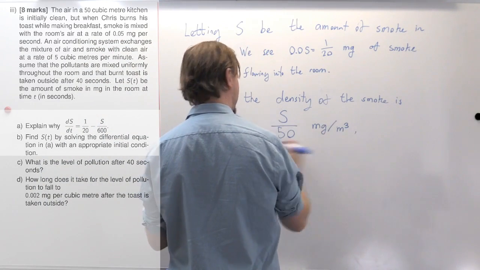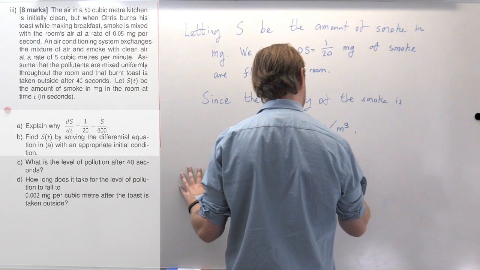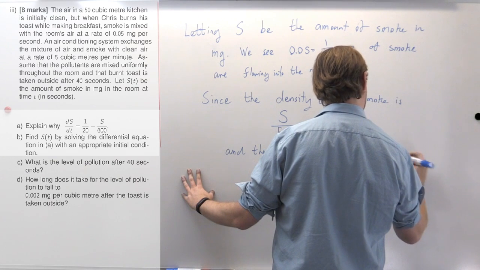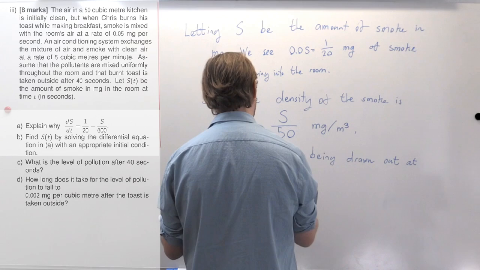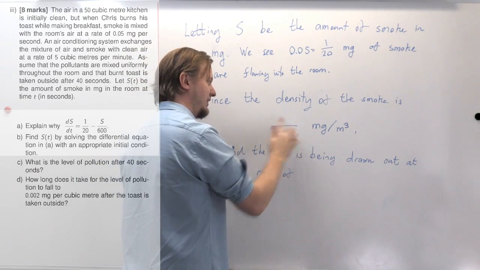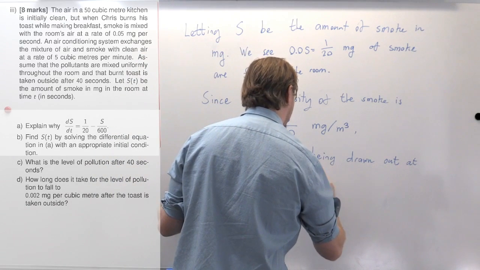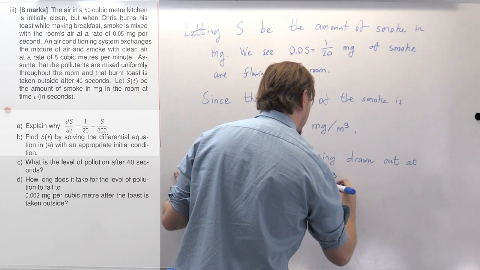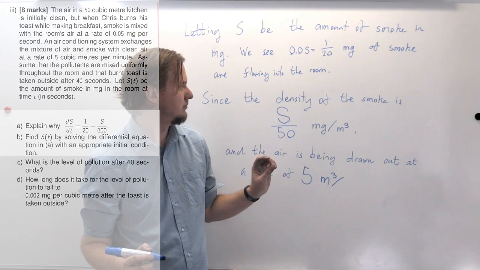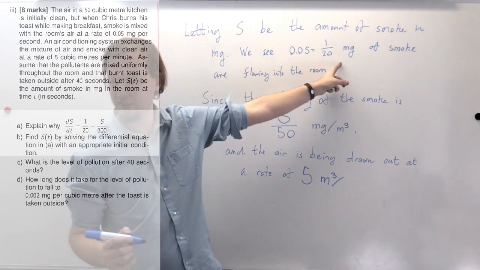So since the smoke is of this density and the air is being drawn out at a rate of, and here's where I've got to be careful to make sure my letters look good, this is an S, and it's being drawn out at a rate of 5 meters cubed per minute. Actually, there's a mistake here I didn't catch.